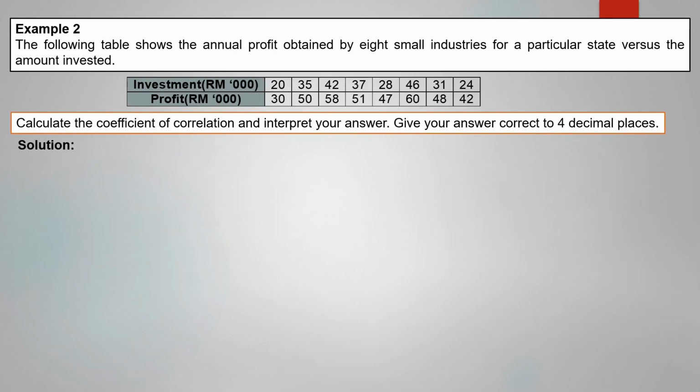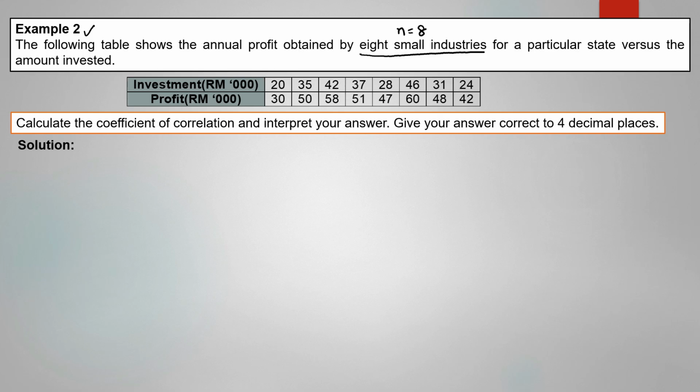Let's continue with example 2. The following table shows the annual profit obtained by 8 small industries, which referring to our value of N is equal to 8, for a particular state versus the amount invested. Different from example 1, where we already know what is X and what is Y, for example 2, the question didn't state the X variable or Y variable.